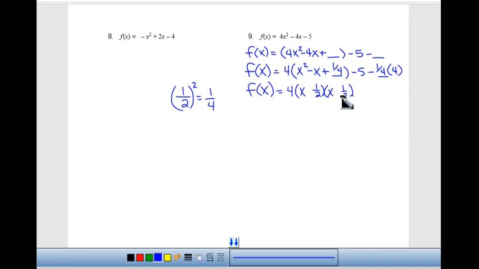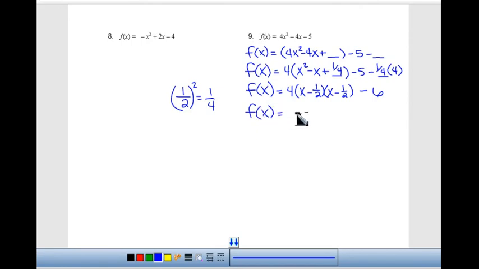They're both going to be negative because they multiply and give me a positive, but when I add them, I get a negative 1. On the outside, when I do my combination, make sure that you do your multiplication first and then your addition or subtraction. When you multiply 4 times negative 1/4, you get negative 1. Negative 1 with negative 5 is negative 6.